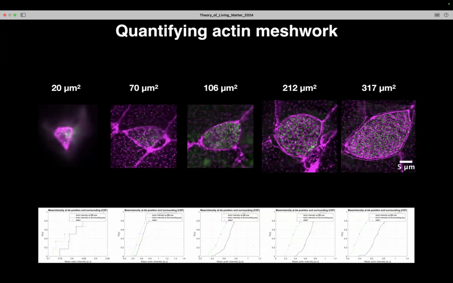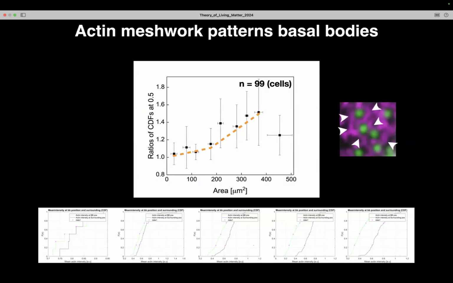Now, to understand how this process looks for many cells, we can plot the shift between these two CDFs at the 50% value, and this plot is shown here. What we see here is that as the apical domain is expanding, we start growing these actin pockets around the basal bodies. You can also see it on the right-hand side.